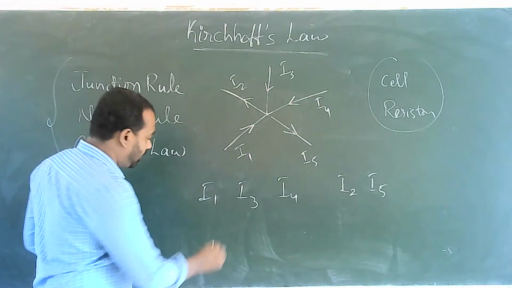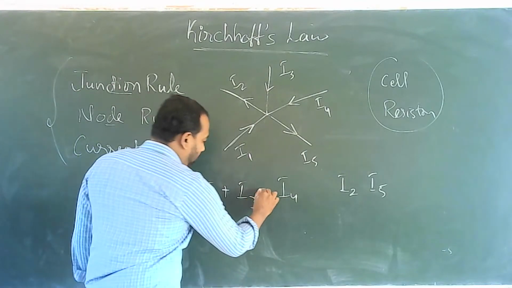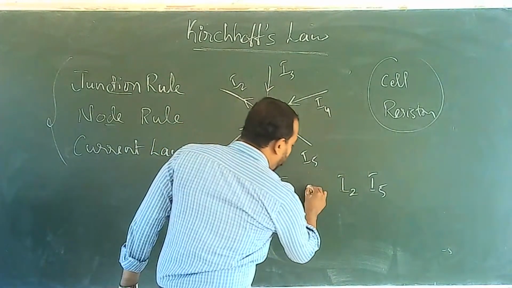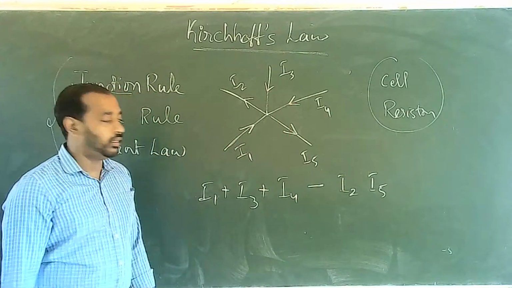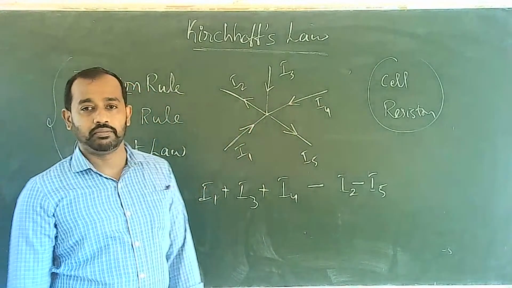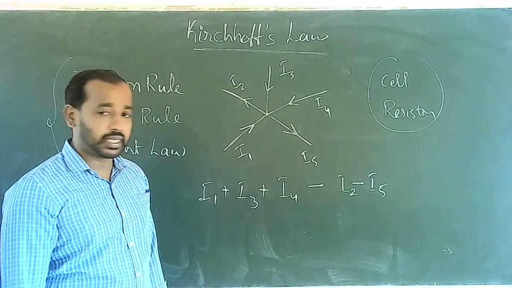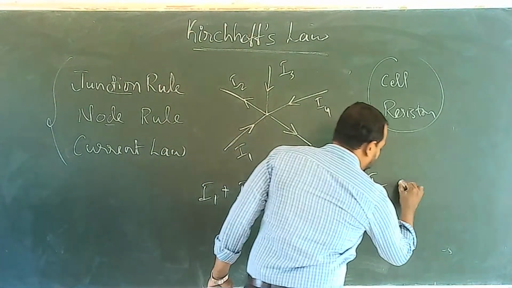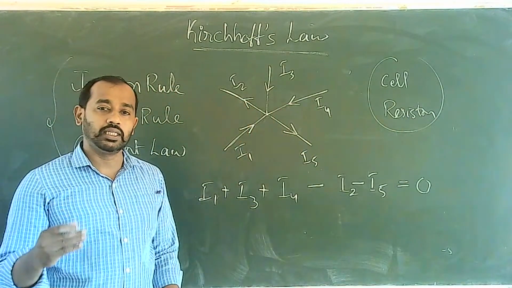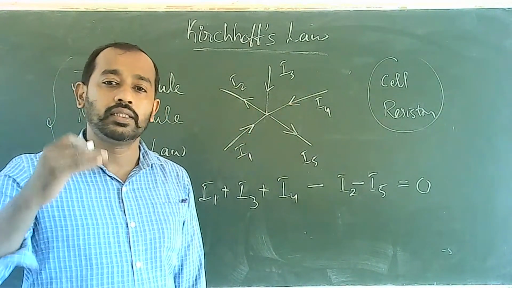If you put the sign convention here, you can write I1 plus I3 plus I4, but I2 is moving out, so it is treated as negative, and I5 is again flowing away from the junction, so it is also negative. This should be equal to 0. That's what Kirchhoff's current law, or Kirchhoff's junction rule, says.